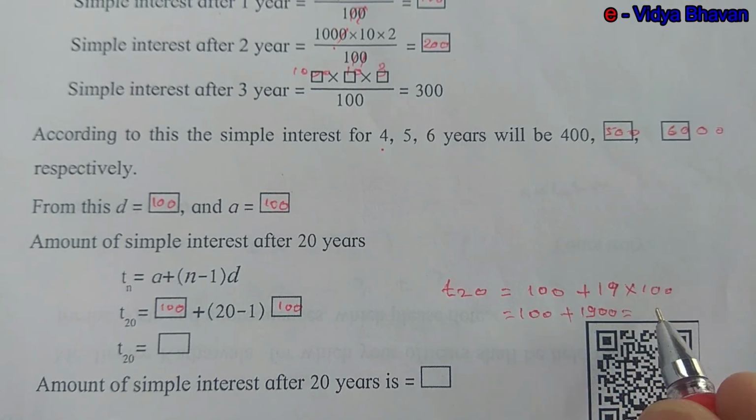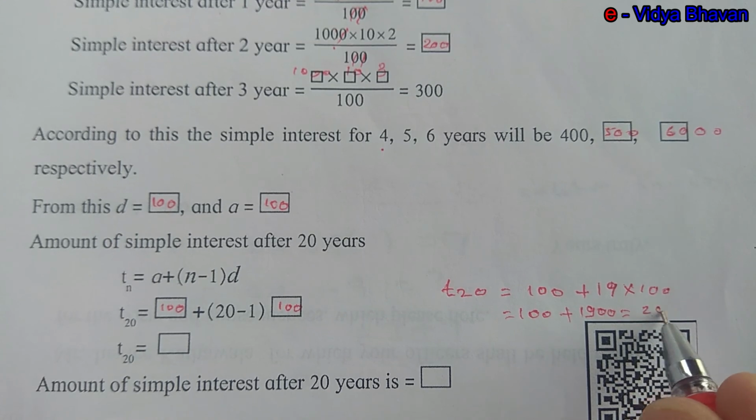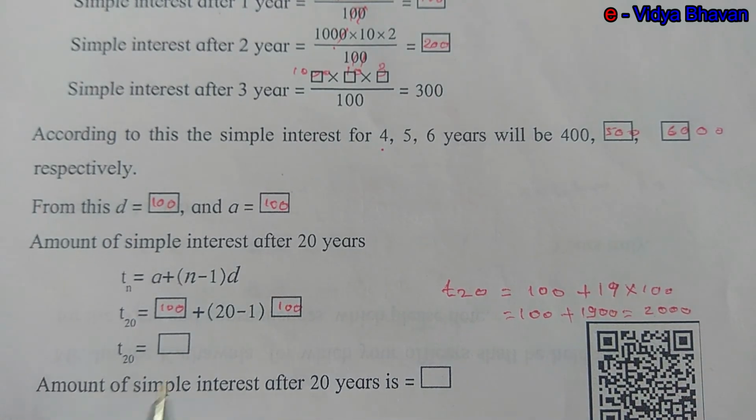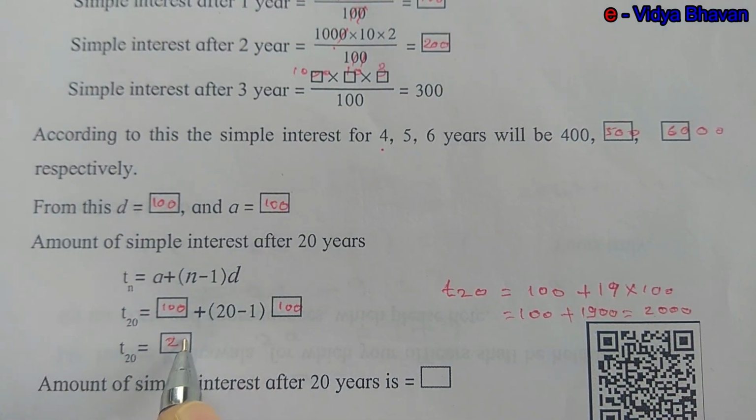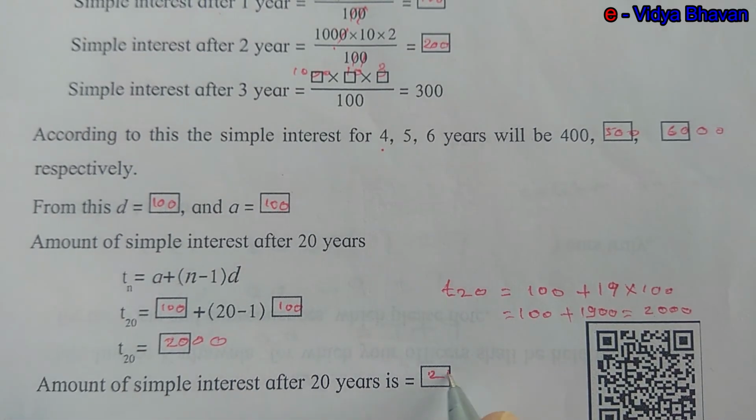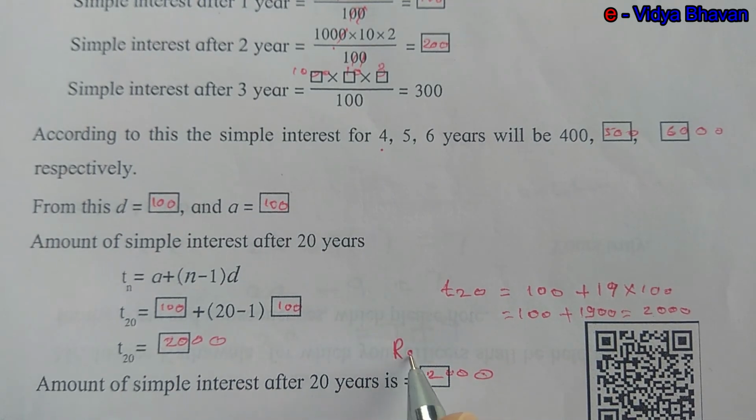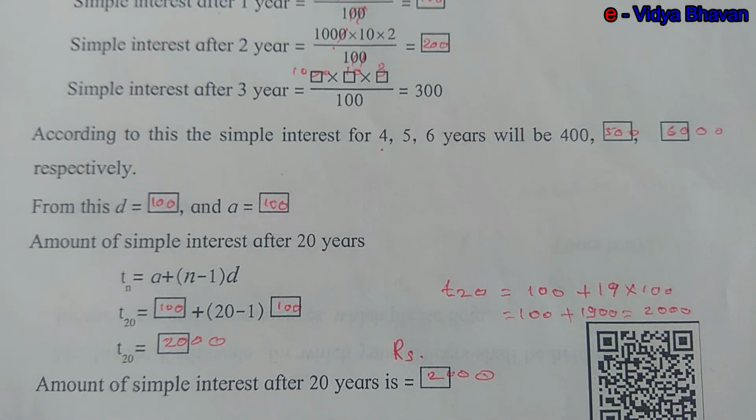And after addition, we will be getting 2000. So here we will get 2000. So amount of simple interest after 20 years is rupees 2000. So we will be writing rupees 2000.